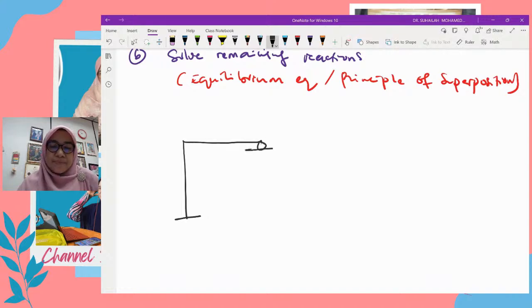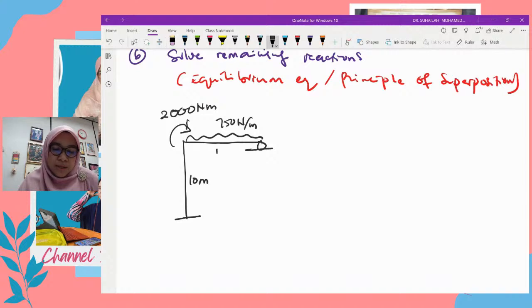This is a moment of 2000 Newton meter, this one is 750 Newton per meter, and this is 10 meter and 10 meter. So this is A, B and C.